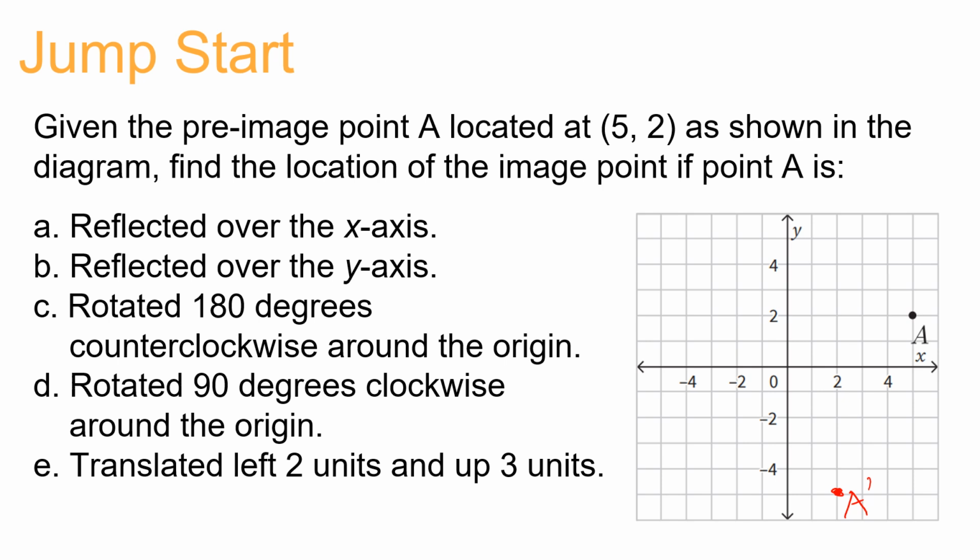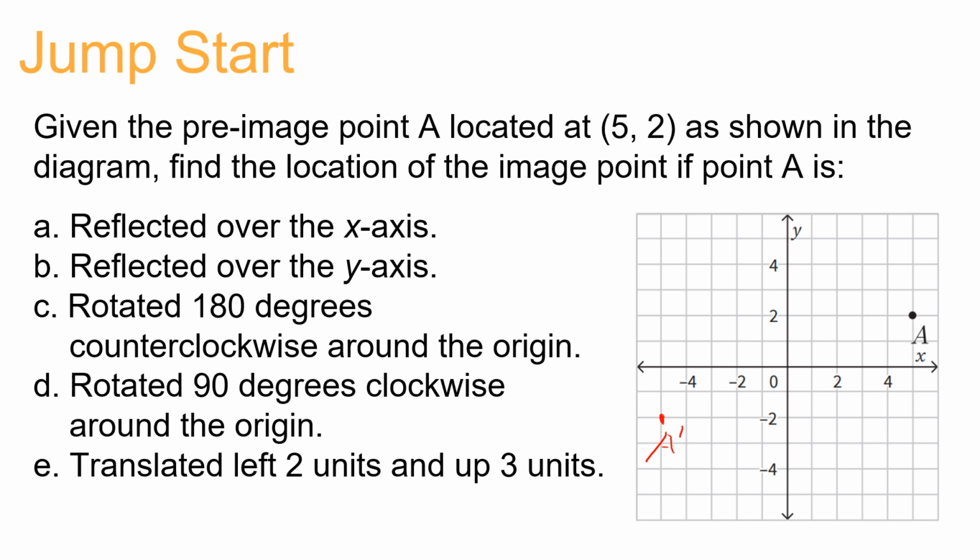So there's A prime after it's rotated 90 degrees. We haven't learned any of the rules yet, so we're just eyeballing it. Now, if it's asking me to go 180 degrees, I'm going to go 90 more. So 90 more degrees counterclockwise is going to put A prime right there. So that's A being rotated 180 degrees counterclockwise.